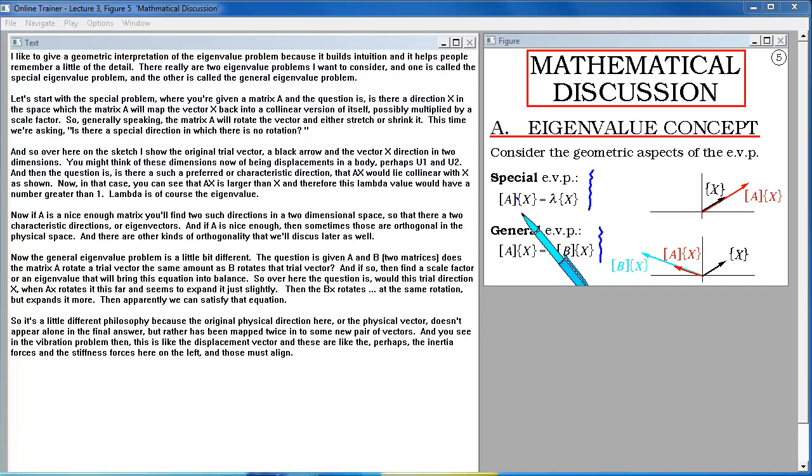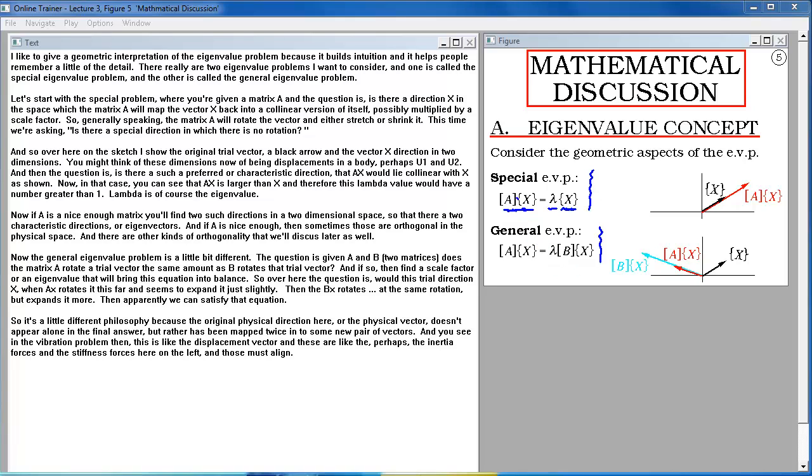Let's start with the special problem where you're given a matrix A and the question is: is there a direction x in the space which the matrix A will map the vector x back into a collinear version of itself, possibly multiplied by a scale factor? So, generally speaking, the matrix A will rotate the vector and either stretch or shrink it.